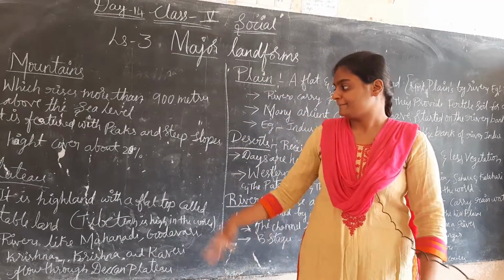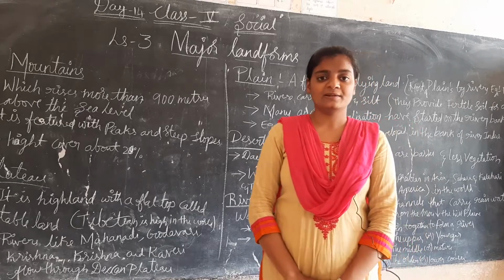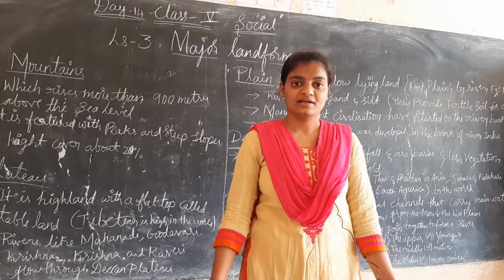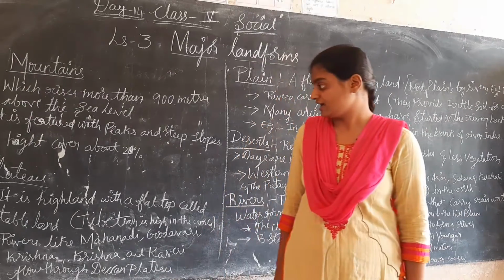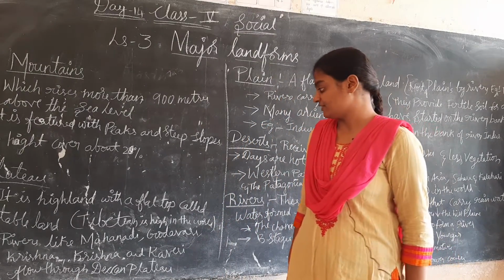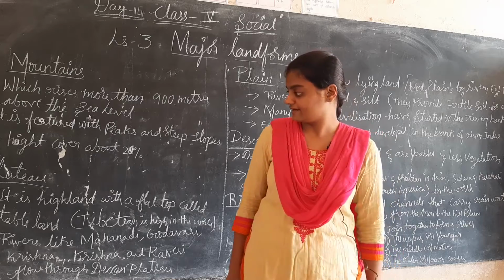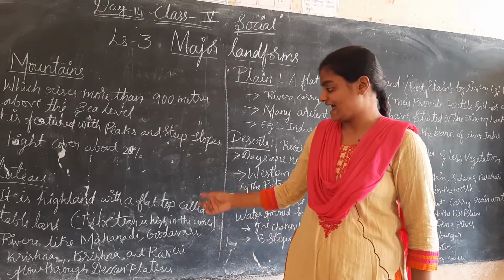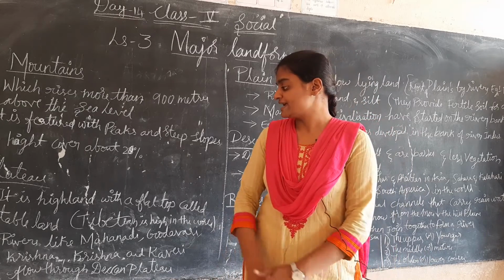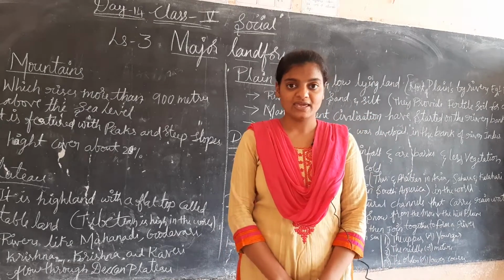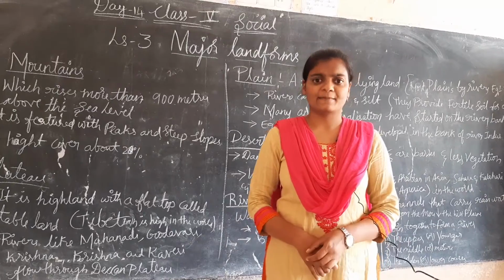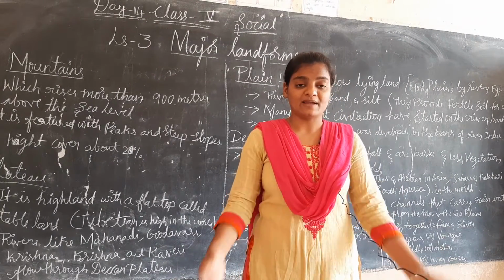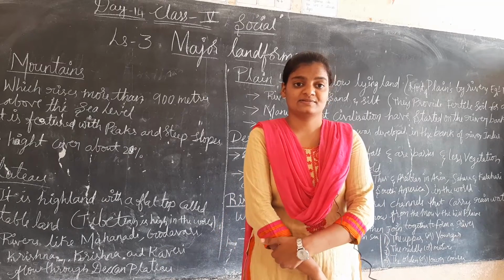Next, plateaus. What are plateaus, children? Flat land, or table land, is called a plateau. It is highland with a flat top called tableland. Mostly on the plateaus there will be grass.